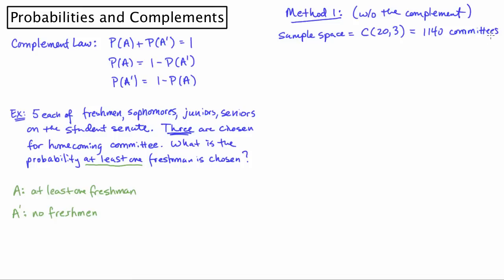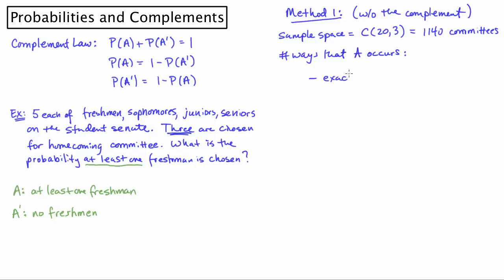Now, out of those, I need to choose specifically the number of ways in which A can occur. So the number of ways that A occurs. Now this is a little bit more difficult to count. If I just try to straightforwardly count this, then I need to consider three things. If A is going to occur, then it's going to occur in one of three ways.